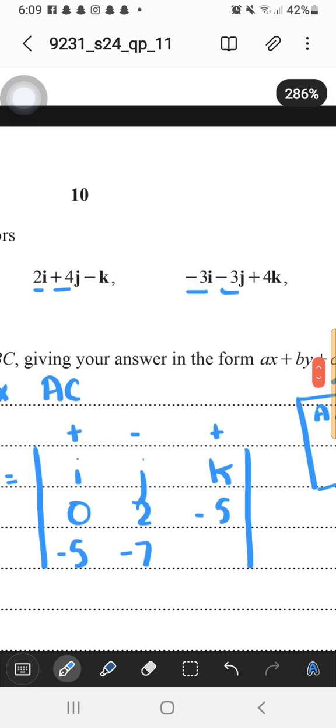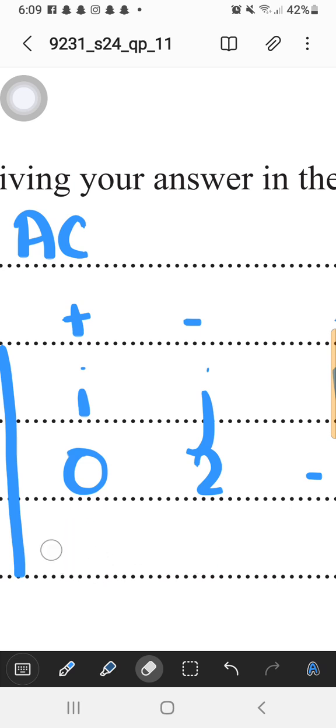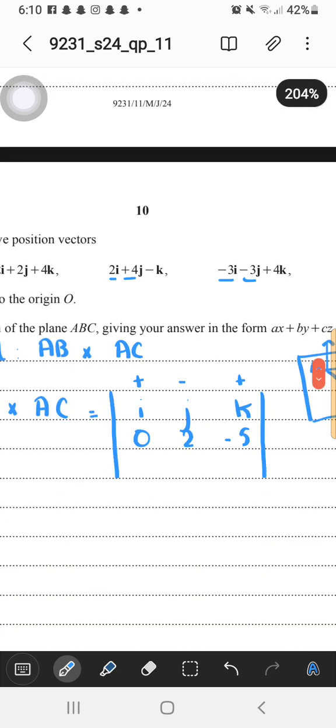Wait for a bit. Sorry, we are doing wrong. Sorry, there's a blunder here. My mistake is now I'm finding out BC, but we want AC. That's my mistake and I'm sorry for this.